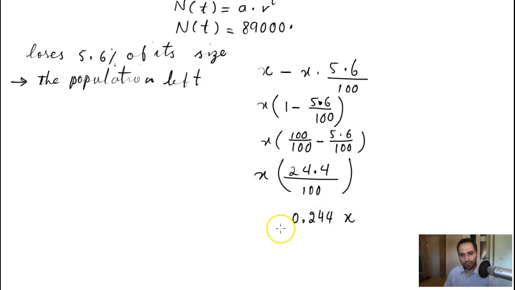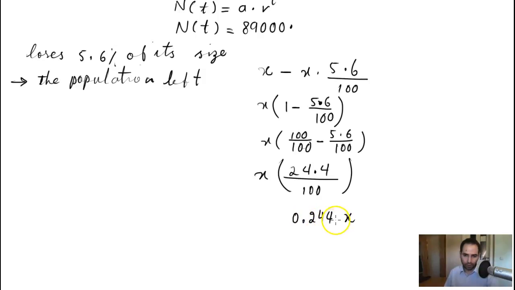If I multiply 0.244 by any amount, that means what I'm calculating is the amount left from x as a result of 5.6% of x being lost.